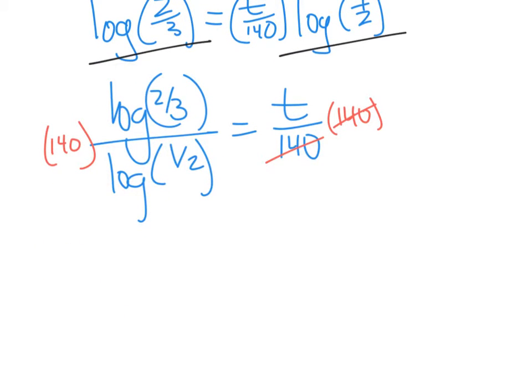Calculator. Let us see. We have log of, in parentheses, 2 divided by 3, divided by log of, in parentheses, 1 divided by 2. So that is giving us 0.5849625007, and we're multiplying that by 140.